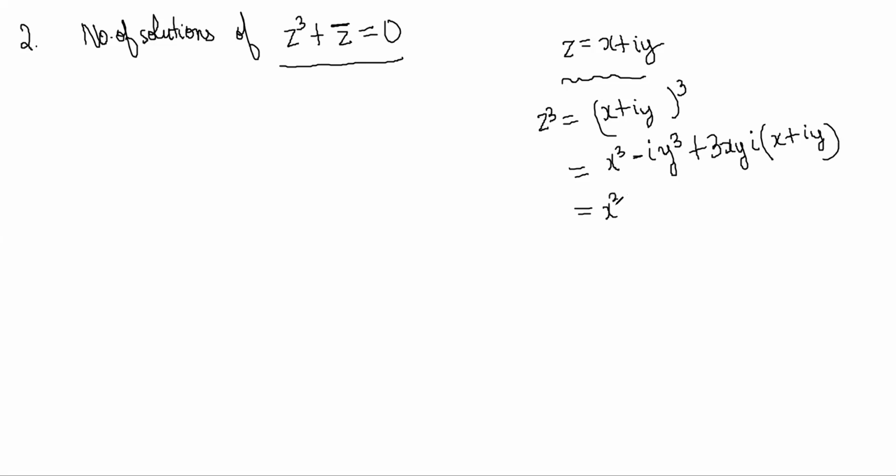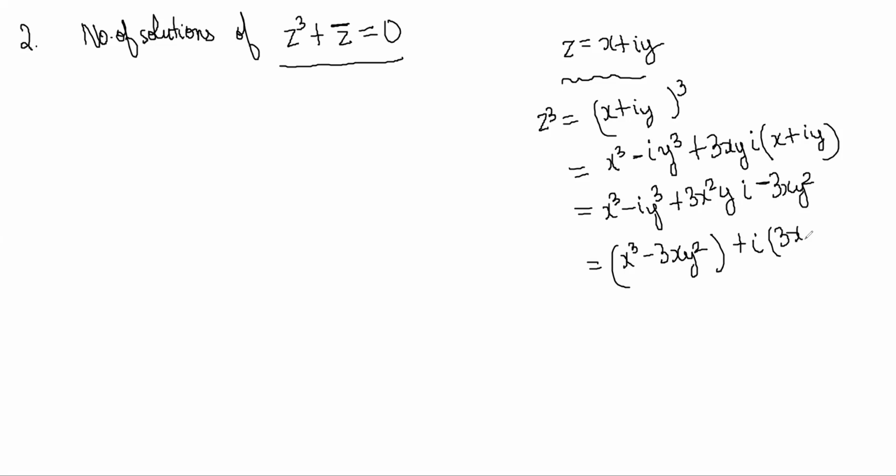So this becomes x cube minus i y cube plus 3x square yi, and i square is minus 1, so minus 3xy square. So this becomes x cube minus 3xy square plus i times 3x square y minus y cube, right? And z conjugate is simply x minus iy.